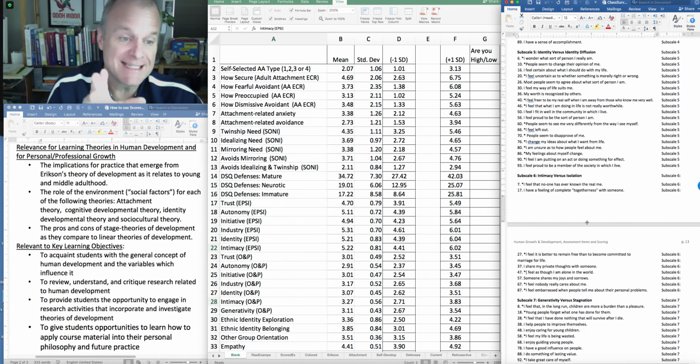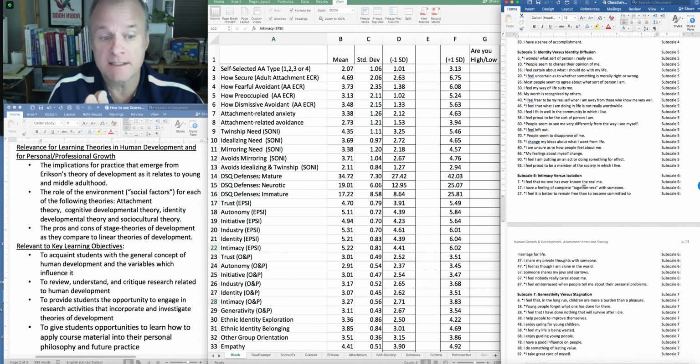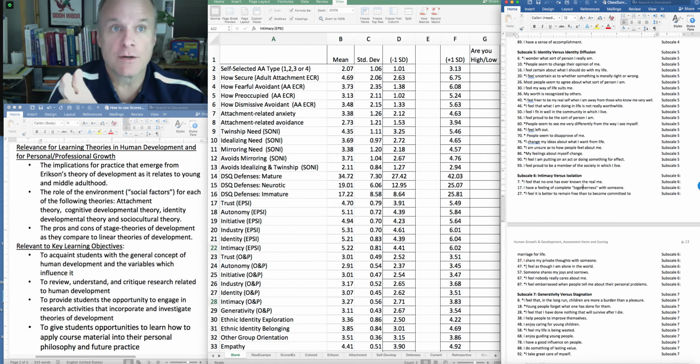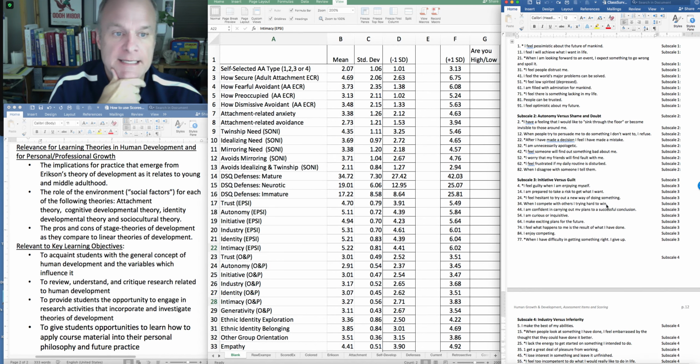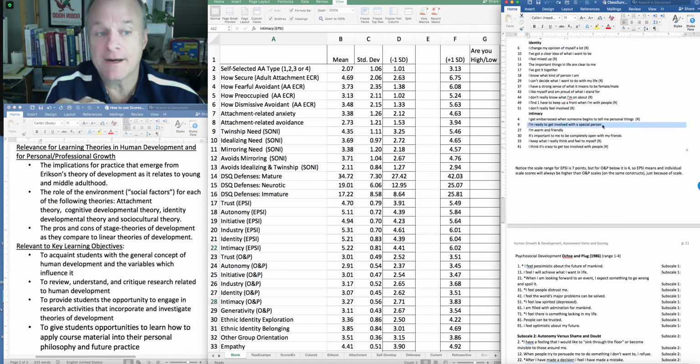So anyway, these items in the Ocean Plug scale are more likely to measure intimacy if you're in a relationship, whereas in that intimacy scale for the EPSI, it would be a better indicator if you're not in a relationship. And that's the real importance of you looking at these items for each scale.